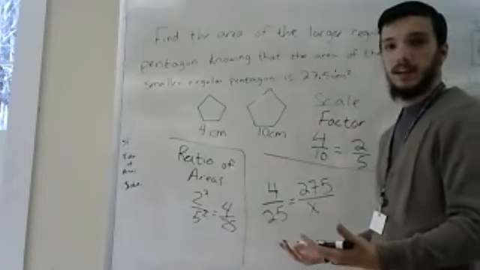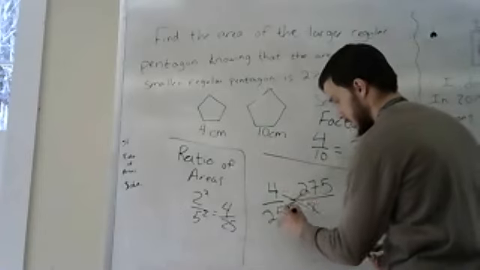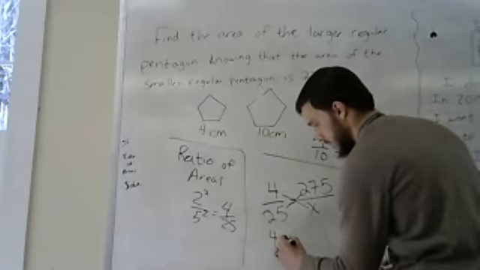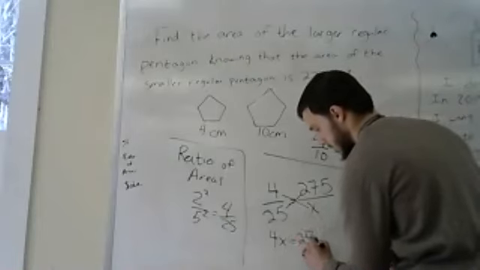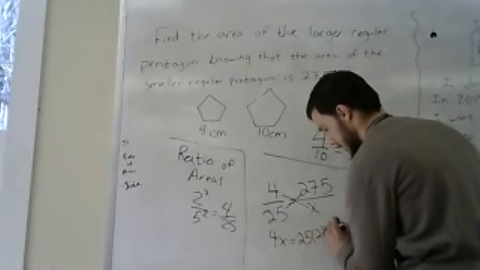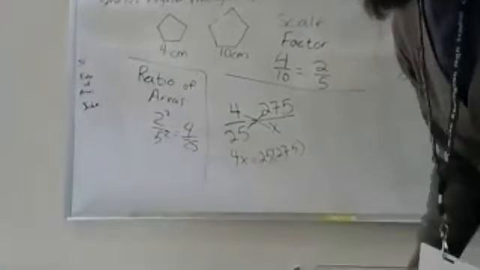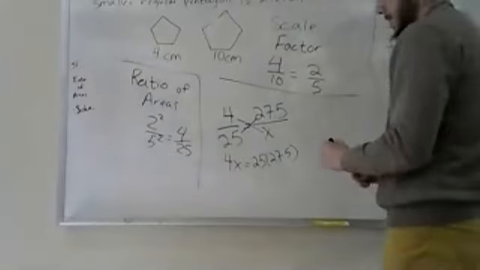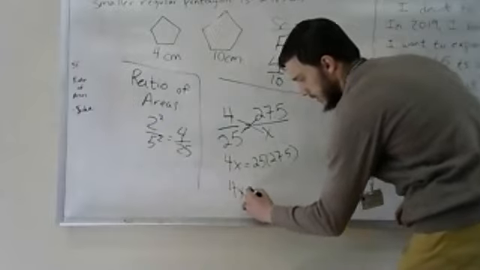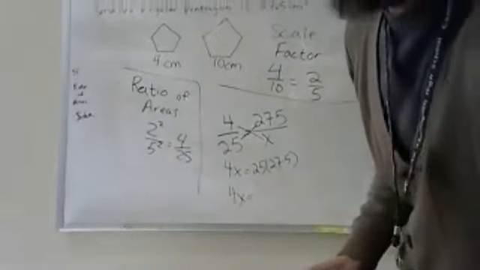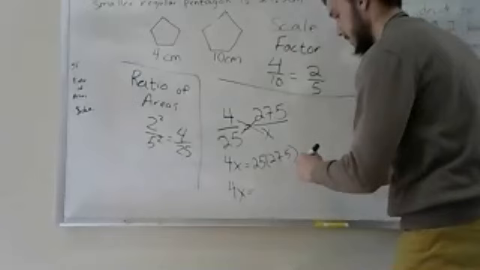Now to solve for X here, we got to cross multiply. That's going to be our first step. So we take 4 times X is equal to 25 times 27.5. So simplifying that out, we get 4x is equal to 687.5.